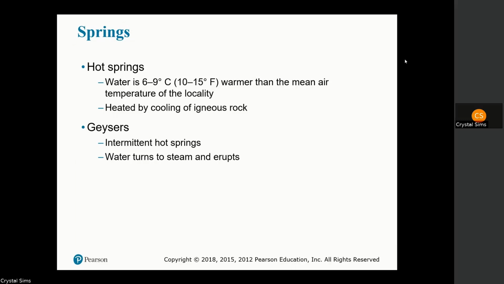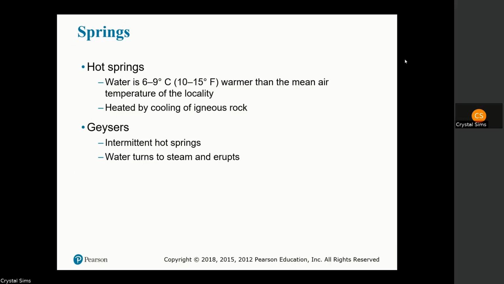Hot springs are heated by the cooling of igneous rock. And so we see a lot more of these out west where there is a lot higher geothermal activity. So a geyser is an intermittent hot spring. What happens is the water is so deep that it is under great pressure. And so the pressure there prevents the water from boiling at a normal temperature.